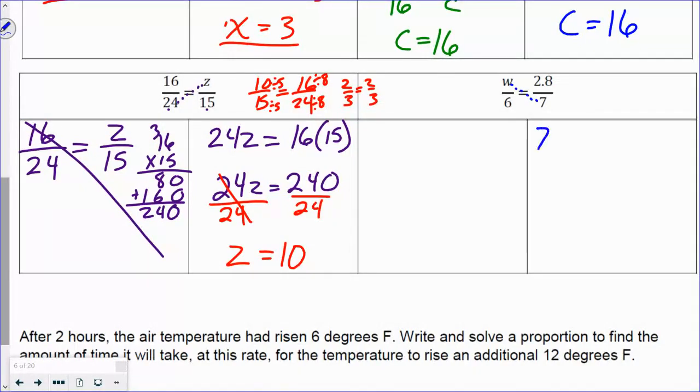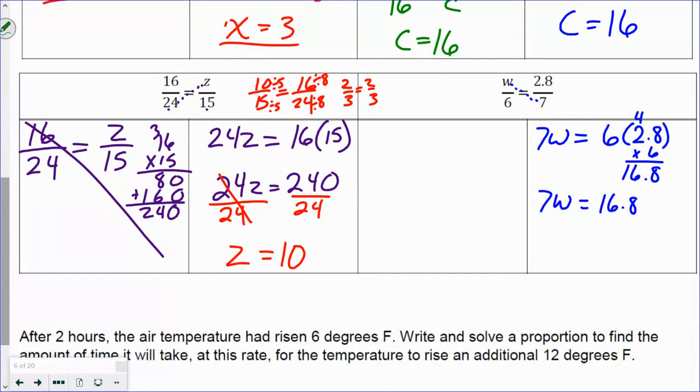So then take your 7w equals 6 times 2 and 8 tenths. So 6 times over here, we get 48. We get 6 times 2 plus 4, 16. We get 16.8. We have 7w equals our 16 and 8 tenths.